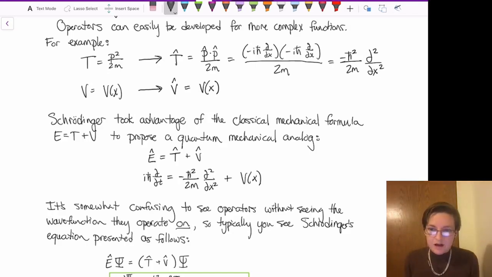And in this operator notation, I should say that the operator really only applies to terms that are immediately multiplied by it. So this operator is not going to apply to V of x. And again, is that intuitive? Not really, but it's what the mathematical notation suggests that we do.